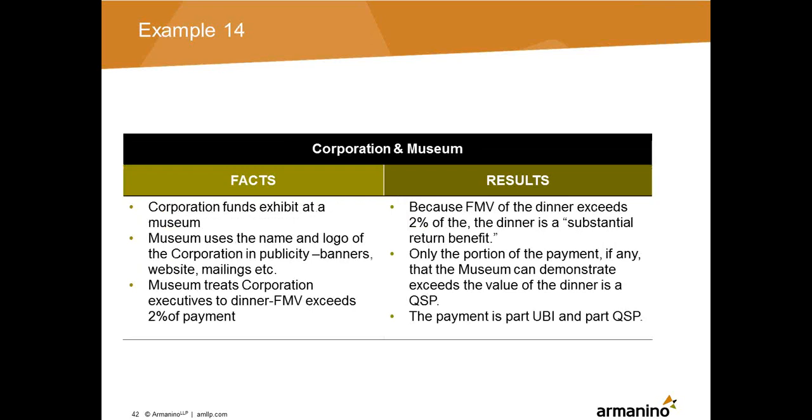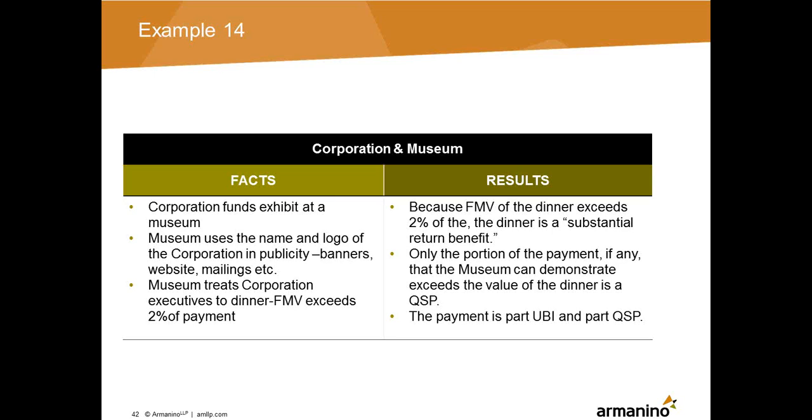Now let's look at example 14. In this case, our corporation has funded an exhibit at an art museum. On the museum's website and publicity materials and a couple of signs in the museum, we have the corporation's name: proud sponsor of the exhibit.